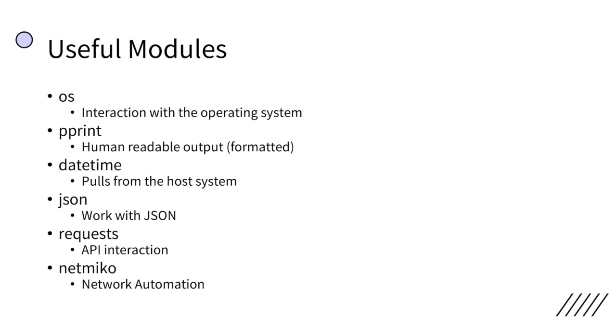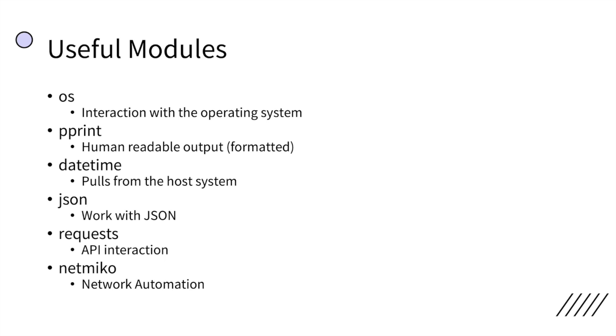Some useful modules that are covered in really any programming are going to be your OS module, which allows Python to interact with your native computer, whatever it is that you're running, whether it be Linux or Windows. If you did go and grab yourself a copy of Automate the Boring Stuff with Python, there's an entire chapter dedicated to OS, which gets you in there.